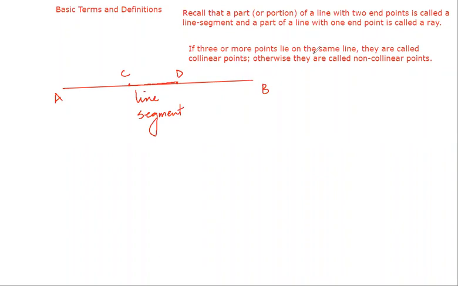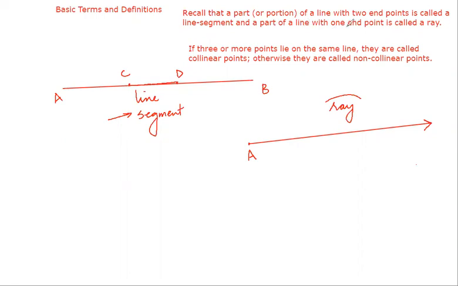Now, see, a line segment has two endpoints, but students, imagine if I have this line and here you see the endpoint is not there, but one end is defined. Let's say this endpoint is A, but the other endpoint is not defined, then this is known as a ray.